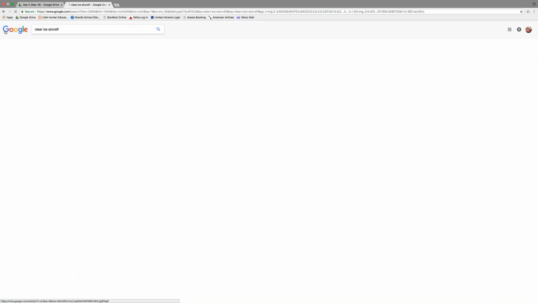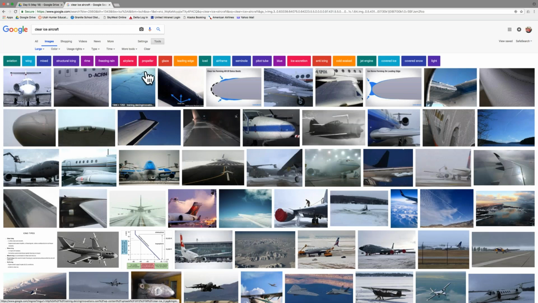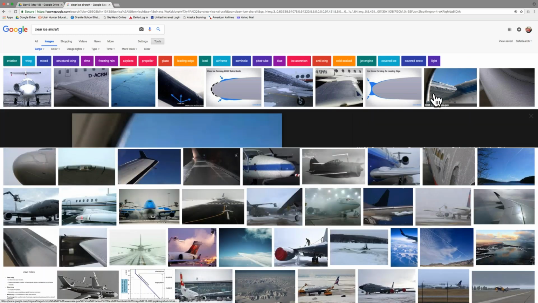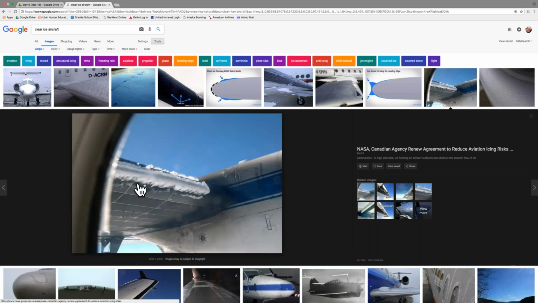So let's take a quick look at clear ice. Let's knock out some ice types. Oh, there's a good picture of rime ice. There you go. It's bad stuff.